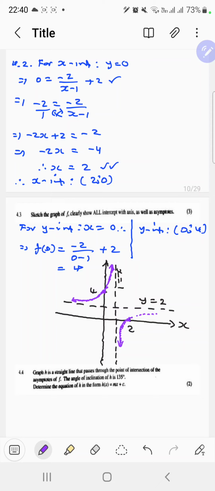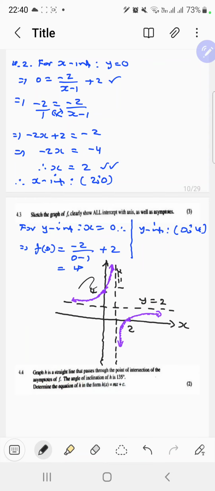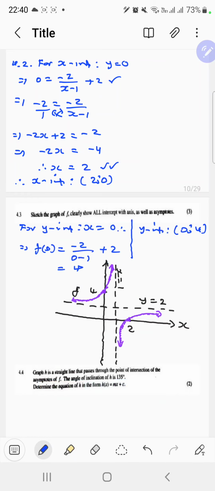Sorry that it looks a bit small. It's not a big deal. So that is this graph of f. And then of course we can label it and say this is f. Okay, so we've done everything that we were asked here.